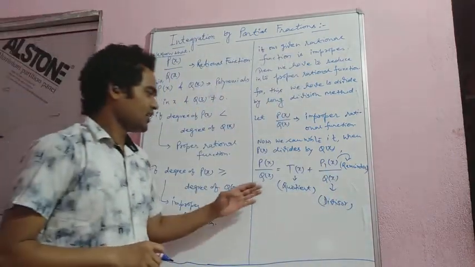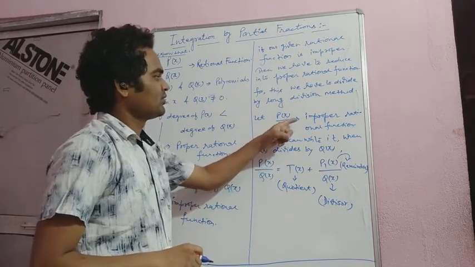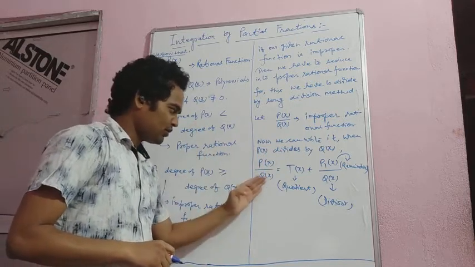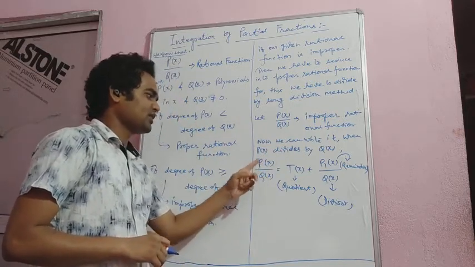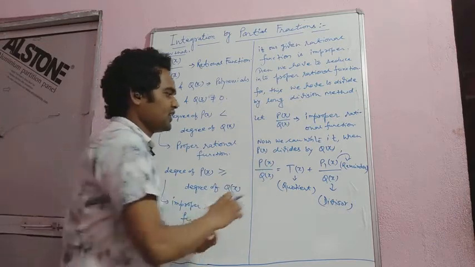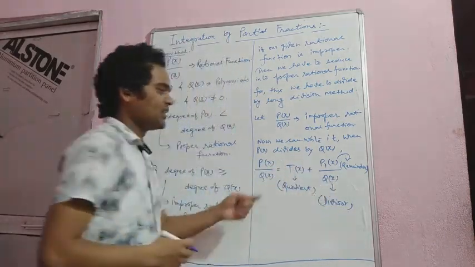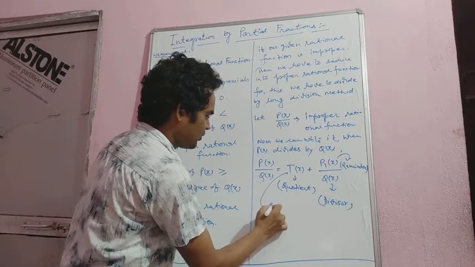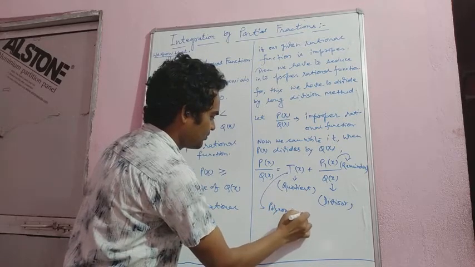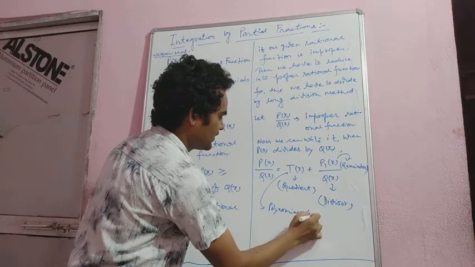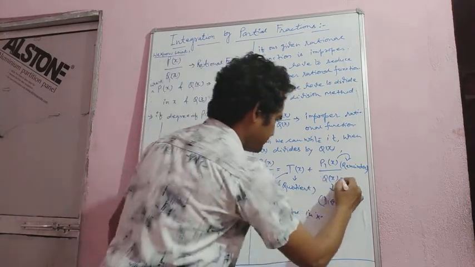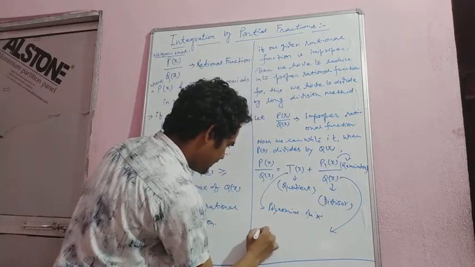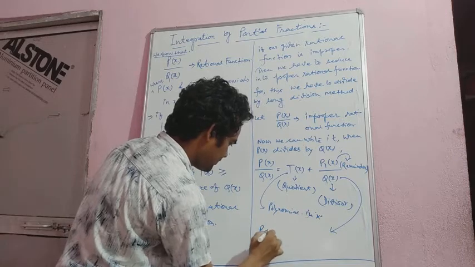Okay students, so for any improper rational function, we have to divide p(x) by q(x), that means numerator by denominator. Then we get this form. Here T(x) is a polynomial in x, and P1(x) upon q(x) is a proper rational function.